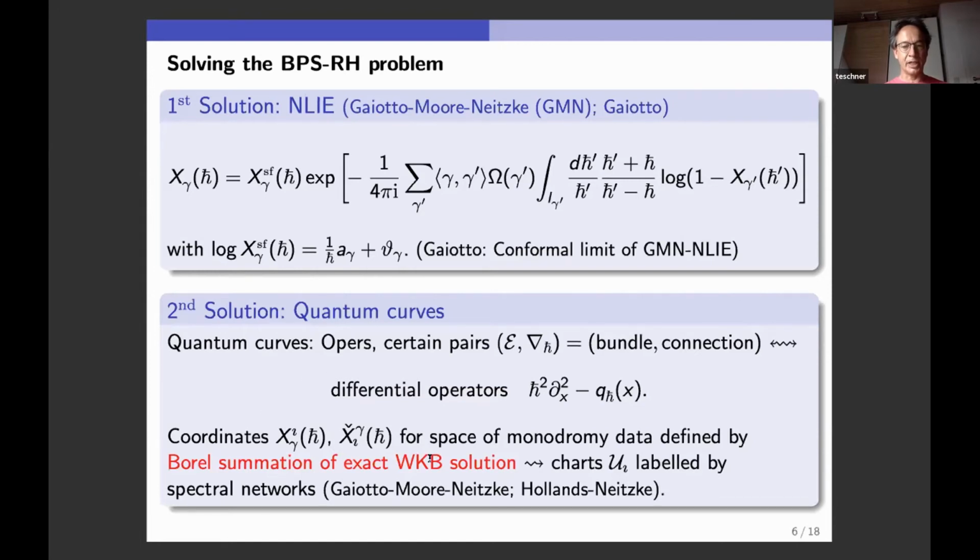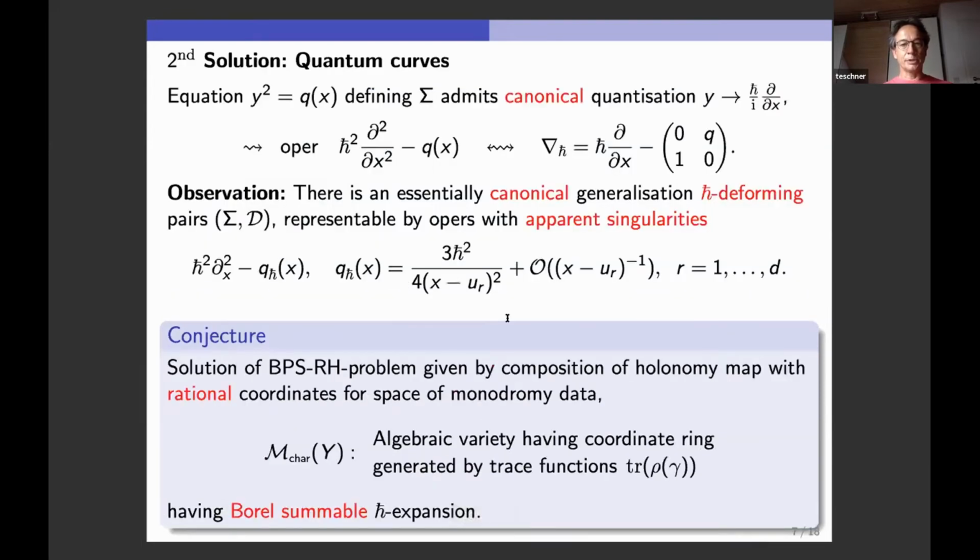So this is the basic idea, but we're going to talk about this a little more in the next few minutes. The basic idea behind is that we were defining our curve sigma by some equation of the form y squared is q of x. And there is a canonical symplectic structure here where y is the conjugate of the variable x, which is a local coordinate on the curve sigma.